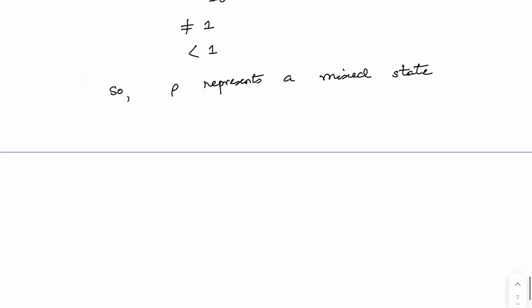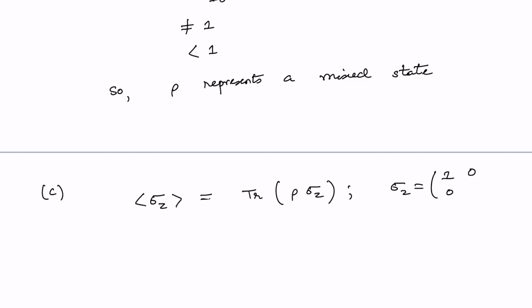Now third part, you are asked to find the expectation value of sigma z. Sigma z would be, you have to take the trace of the product of rho and sigma z. You know that sigma z is 1 0 0 minus 1.